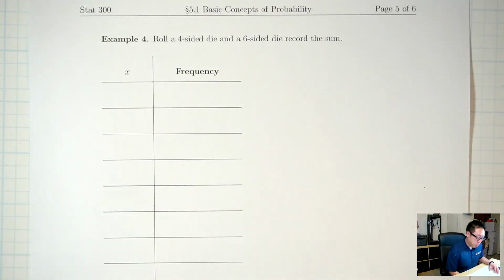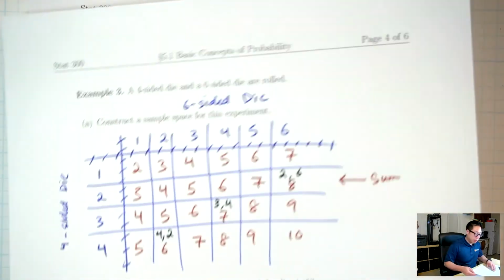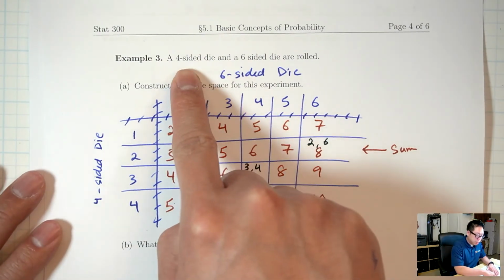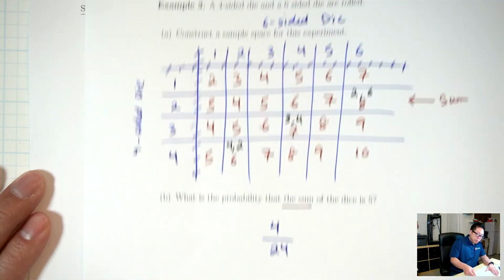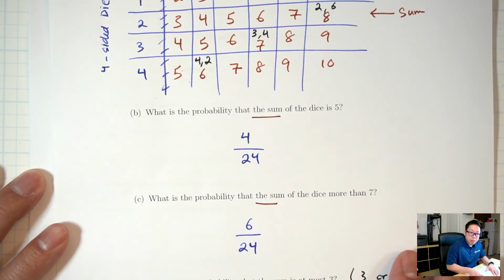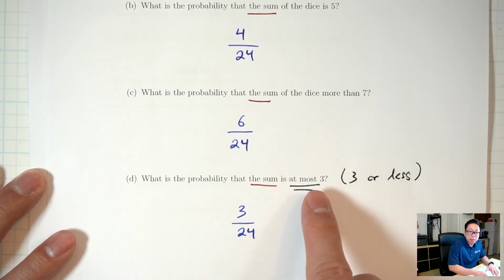Example 4. Roll a 4-sided die and a 6-sided die and record the sum. Notice that in example 3, the previous one, I was also talking about a 4-sided die and a 6-sided die, and I was also talking about the sum. We asked, what's the probability that the sum is 5? What's the probability that the sum is more than 7? What's the probability that the sum is at most 3?